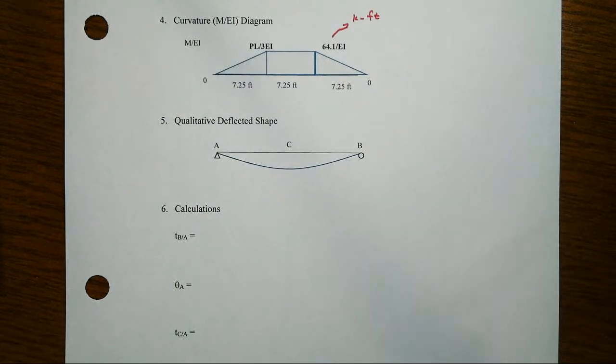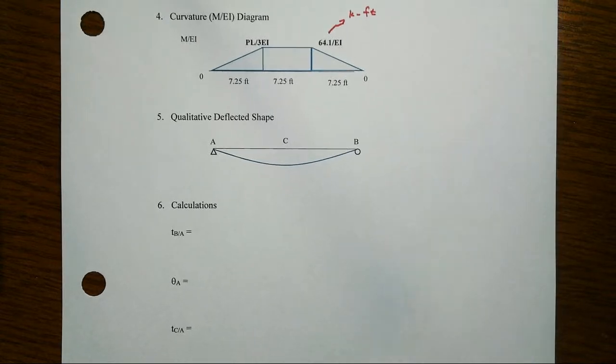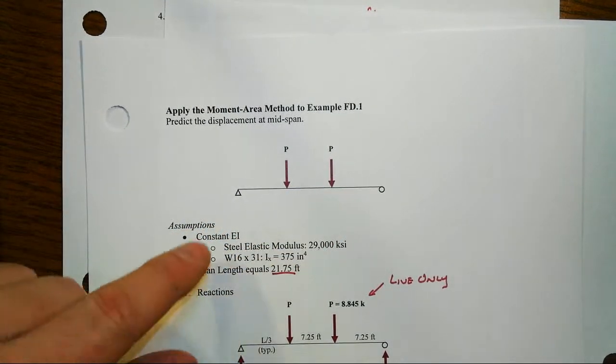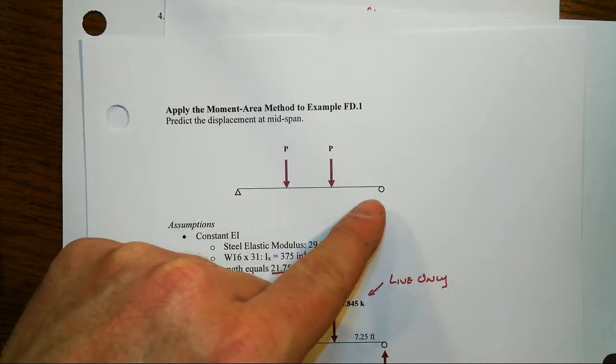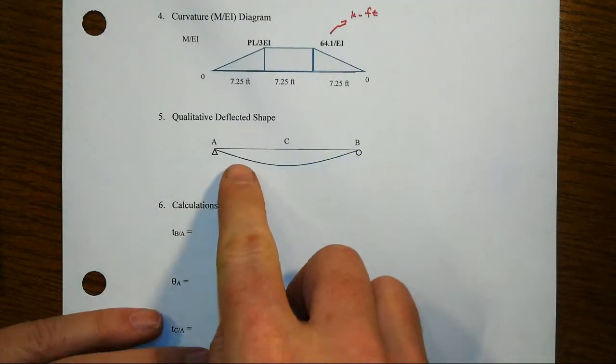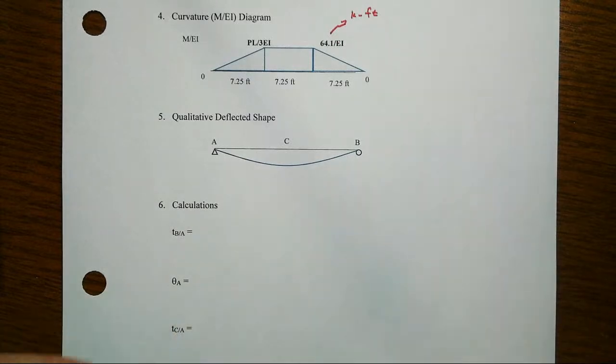It'll be easier to work with along the way. We end up with positive moment everywhere. That makes sense given the load model: two point loads acting down will cause this beam to sag into a concave up fashion, which is positive bending moment, the smiley face approach.